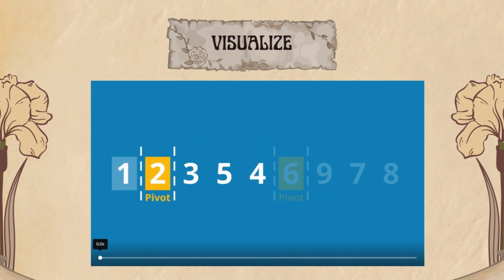Now on doing this, we have finalized the position of two pivots, that is 2 and 6. Now the algorithm would go to the left subarray of 2, which is 1, and as it contains only one element, there is no sorting required. So we'll go to the right subpart.